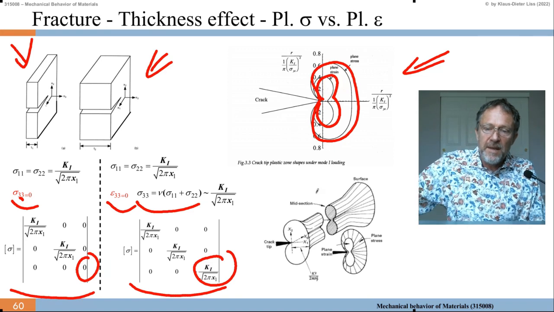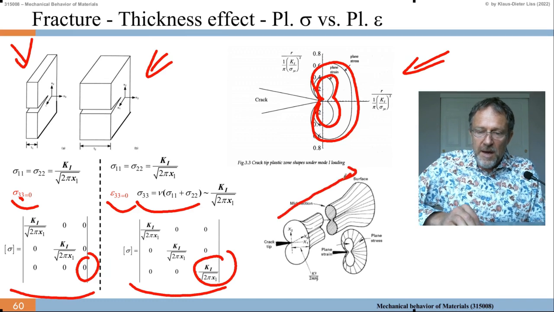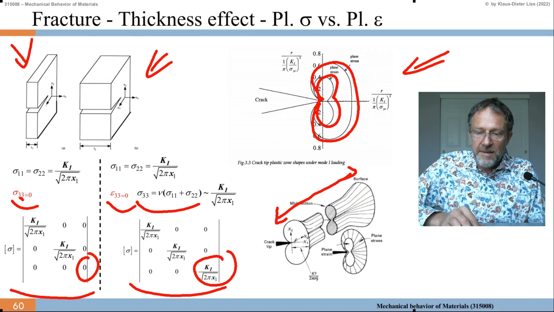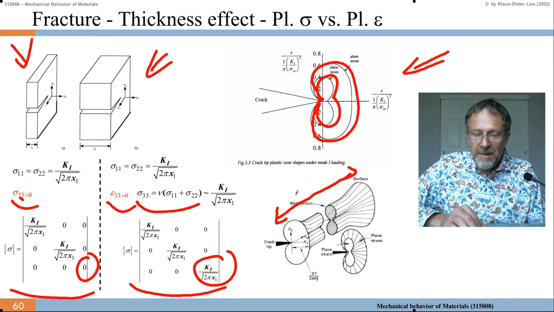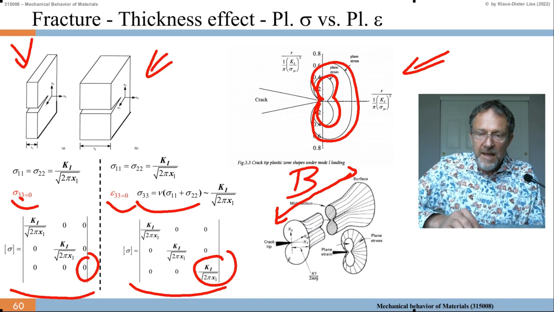Now, if we look through the thickness of the plate, from one surface of the plate to the other, along the crack tip, which goes through the breadth B, then we have this plane strain solution, which is smaller than the plane stress solution at the surface. At the surface, we have a region of plane stress.